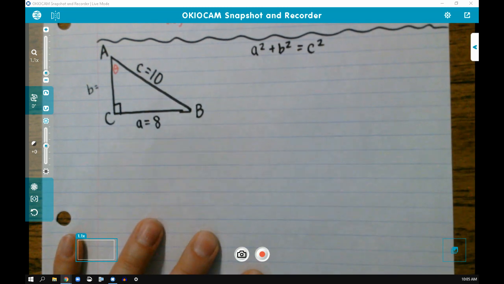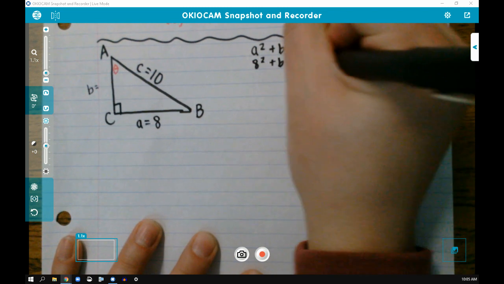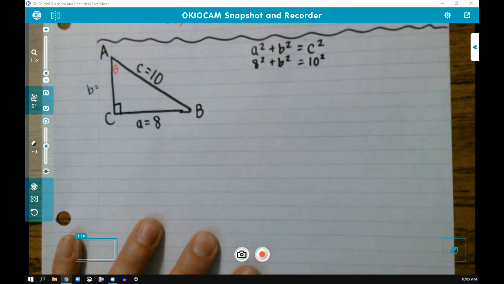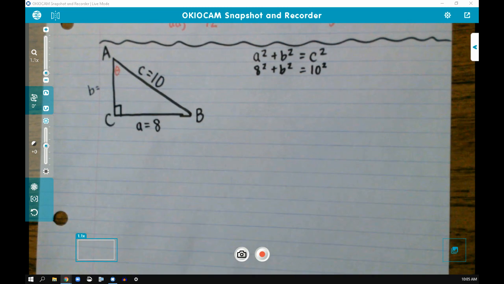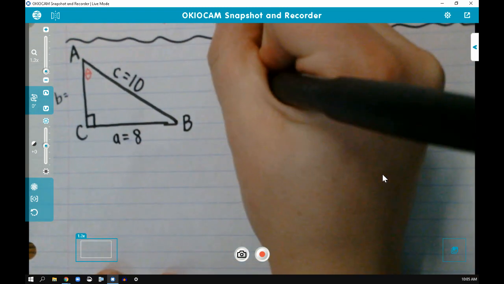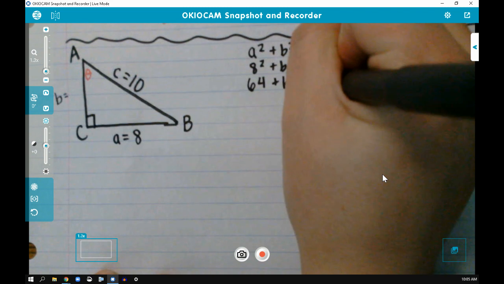So a squared plus b squared equals c squared. A squared is 8 squared. B squared is what we're solving for. And c squared is 10 squared. So we've got 64, because that's 8 times 8, plus b squared equals 100.